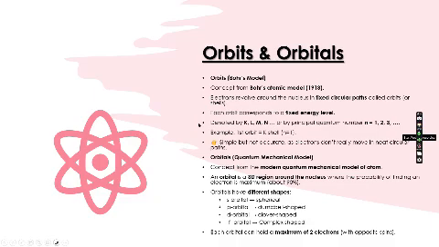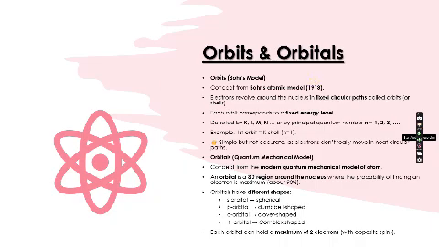Now, orbits or orbitals. The concept of orbits is from Bohr's atomic model. Electrons revolve around the nucleus in fixed circular paths called orbits or shells. Each orbit corresponds to a fixed energy level, denoted by K, L, M, N, or the principal quantum number n, which is equal to 1, 2, 3, whatever the shell is.